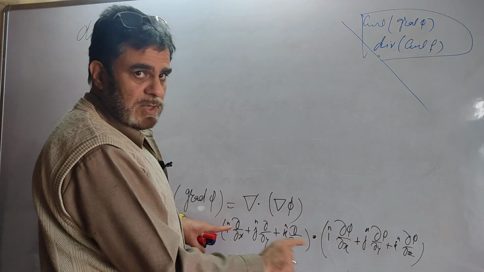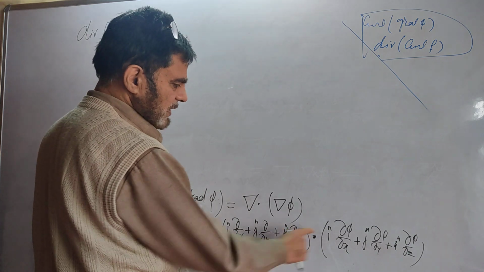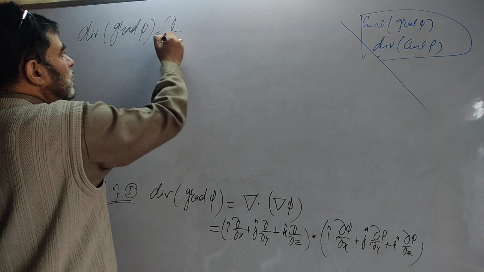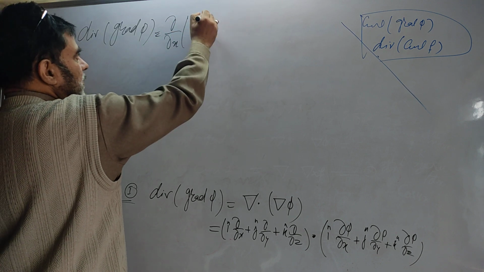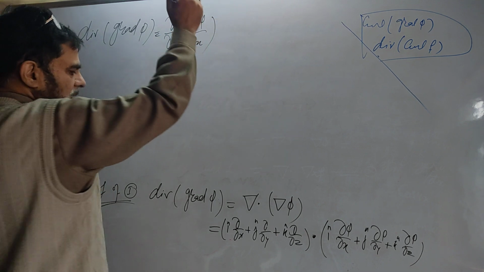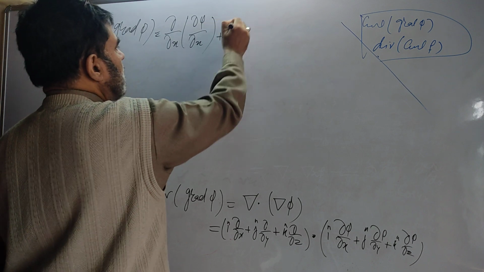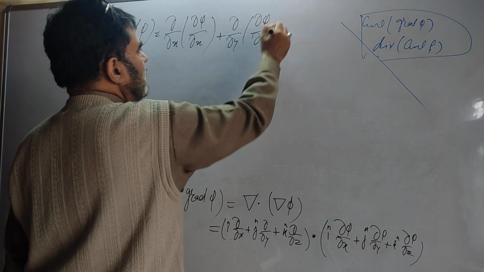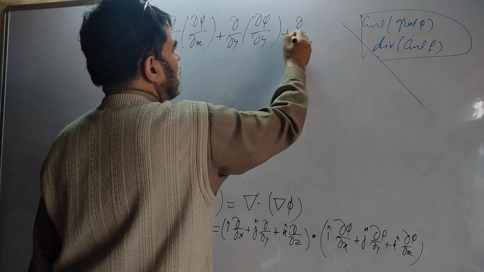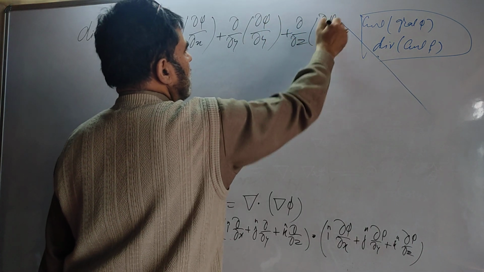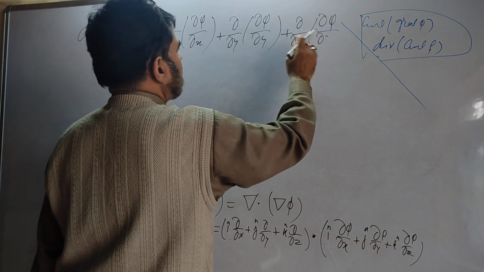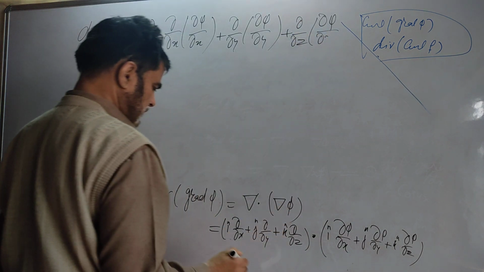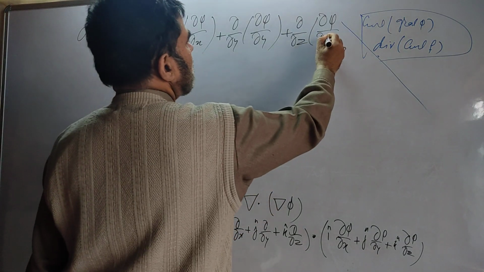When you perform the dot product, i dot i is 1, so it will be dou by dou x of dou phi by dou x, plus dou by dou y of dou phi by dou y, plus dou by dou z of dou phi by dou z.